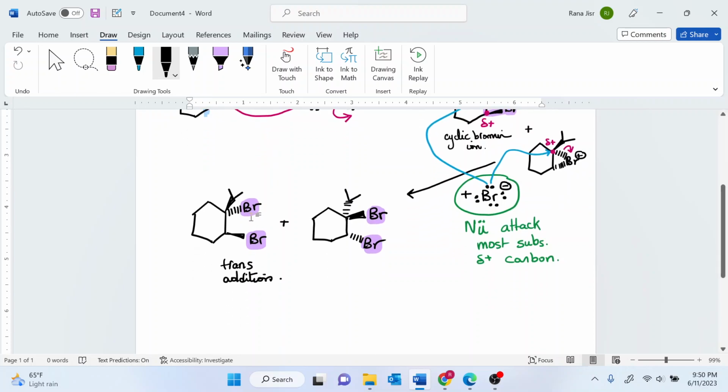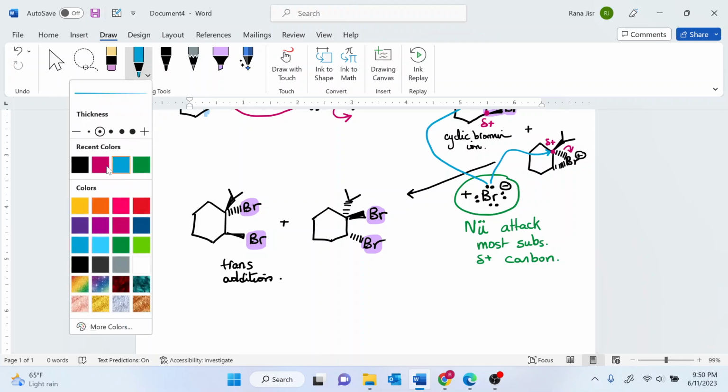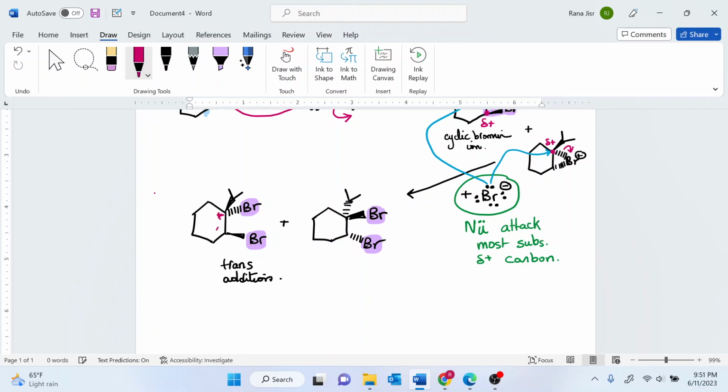And those two, they differ by both chiral centers. I do have here two chiral centers. I have a chiral center here, and I have a chiral center in there. Here you go. If you compare those two together, these differ by both chiral centers, so these two are going to be considered a pair of enantiomers.